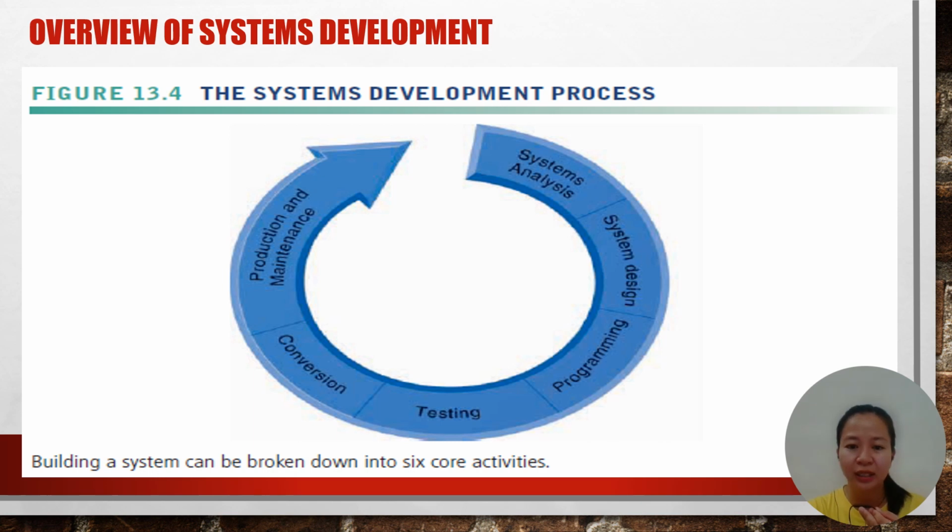So these activities nga are these 6 core activities. These activities are usually illustrated in a sequential order, but some of the activities may need to be repeated or some may take place simultaneously, depending on the approach to system building that is being employed.